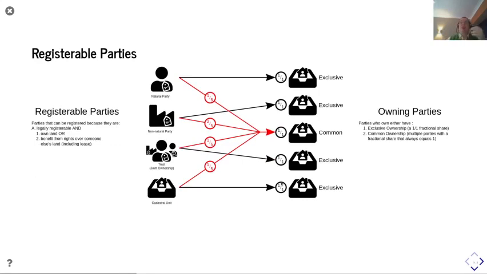You can have a natural party, you can have an unnatural party, you can have a trust, joint ownership, so that's a collection of parties, but the key thing about a trust is it acts as a single group, not as individual entities. And a cadastral unit can have rights in other land. We saw that in terms of the rights of access.